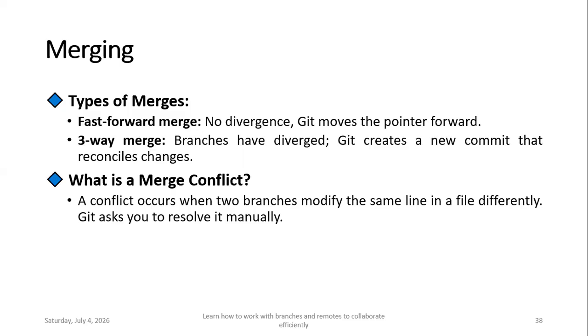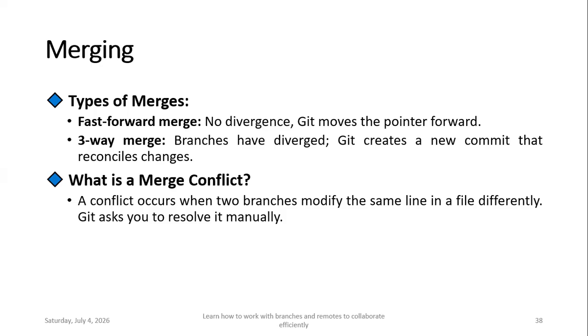Now, since you made several commits in that feature branch, and then you have come to the main branch, when you merge between the main branch and the feature branch, bringing all the commits that were done on the feature branch to the main branch, this is what we call the fast forward merge. There is no divergence because all you do is move the pointer of the main branch to include the commits of the feature branch.